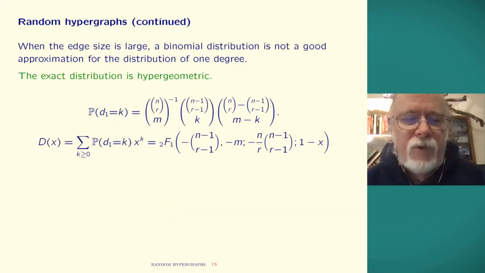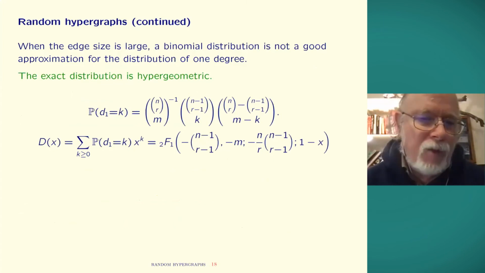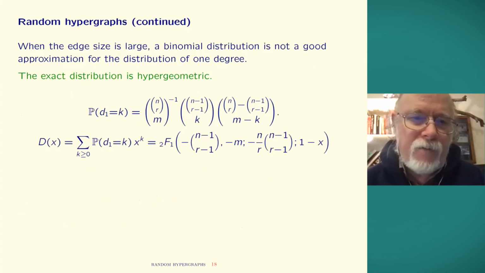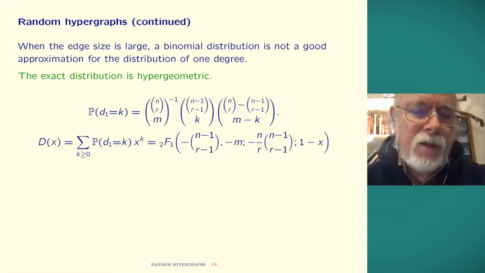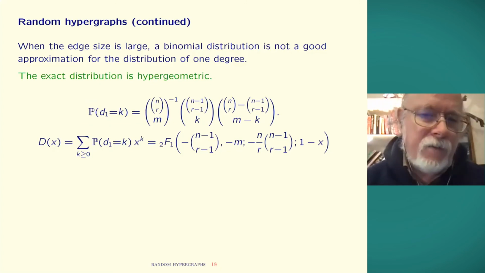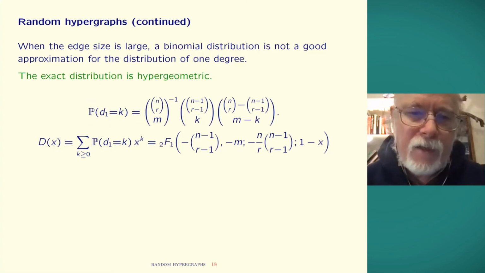So when the edge size is large, as we've seen, the binomial model doesn't agree too much with the hypergraphs. And Kamčev, Liebenau, and Wormald suggested using the hypergeometric distribution instead of the binomial distribution. And the reason is very clear.